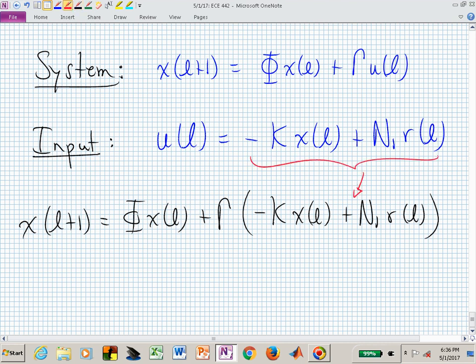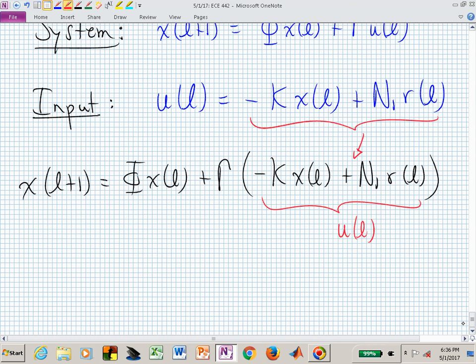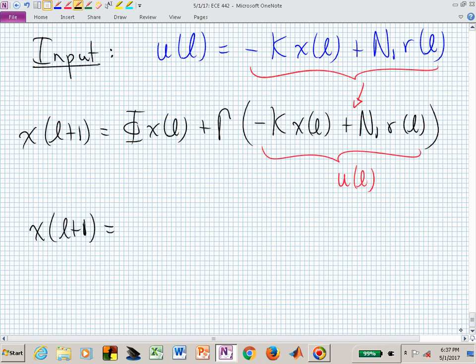We're just replacing u of L with what we defined it to equal. Full state feedback with a reference input. This is now our u of L. But we can start collecting terms that are scaled by similar matrices.